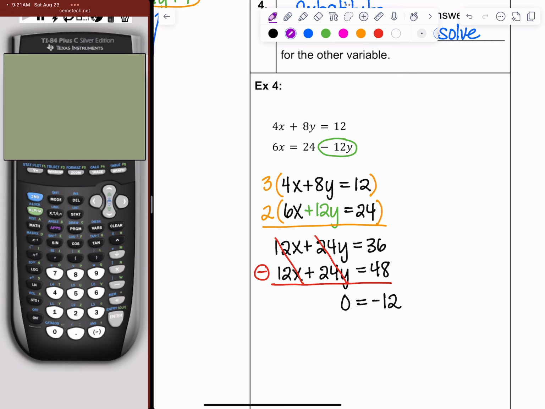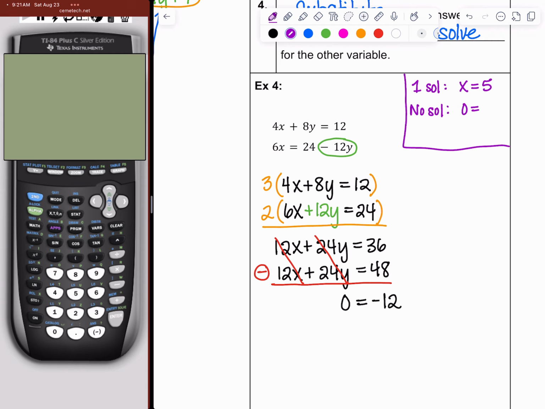So jot down a quick note of the type of solutions. One solution. That means you have an answer that's like x is equal to 5. All right? No solution is when you have one number equal to a completely different number.